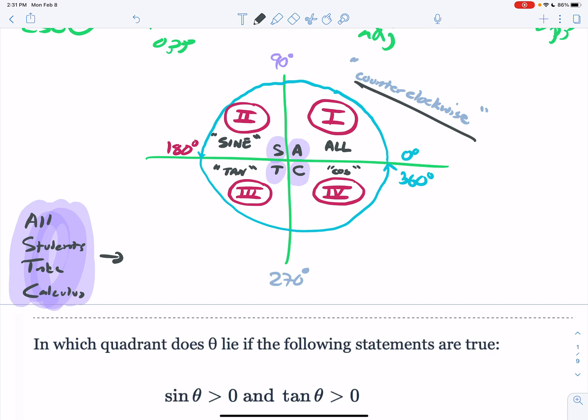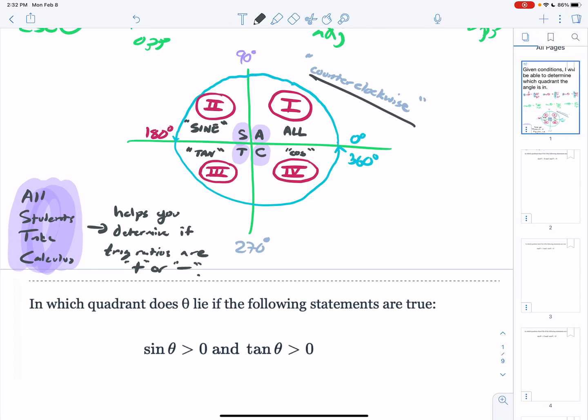The whole idea of all students take calculus, it helps you determine if trig ratios are positive or negative. That's really it. Okay? Now, why is that so beneficial? You guys don't know enough yet. But we're working towards that.